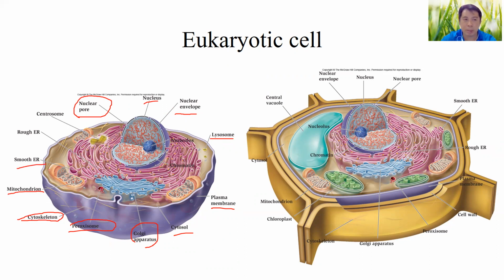Smooth endoplasmic reticulum and rough endoplasmic reticulum, you also studied quite in detail. The centrosome, which contains the centrioles. The chromatin, you should know, and the nucleus, with the dense regions found in the nucleus of eukaryotic cells.